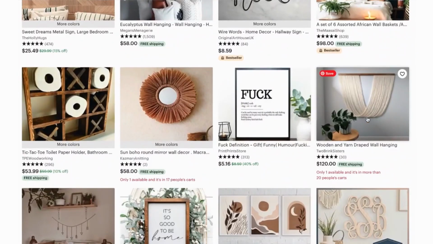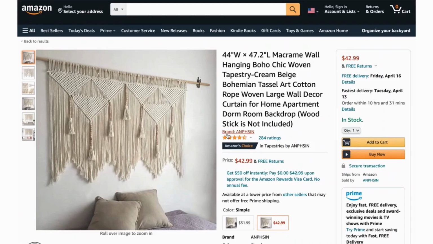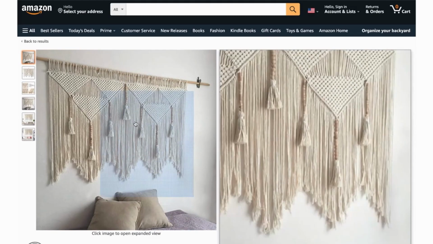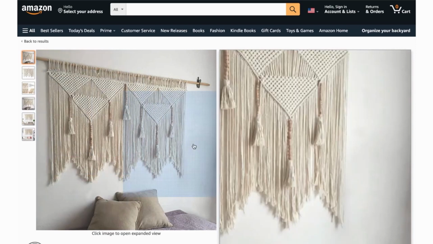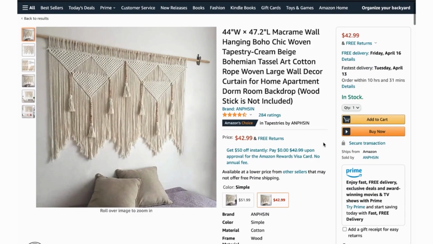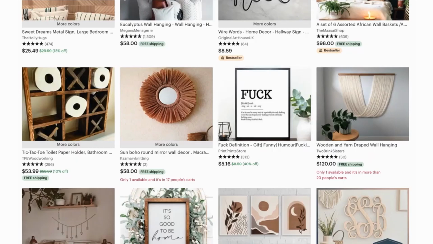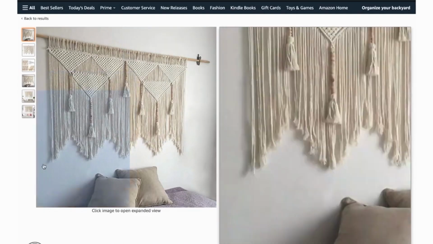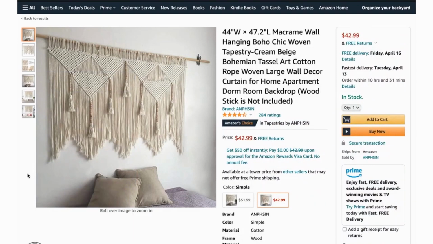It looks like what this product listing is doing is that the wood stick is not included. So they're only selling this hanging woven tapestry. And then they're still able to generate enough sales for this specific item. And so you could see that there could be a possibility that you could sell something similar to what we have identified here on Amazon and still be able to generate sales and profit.